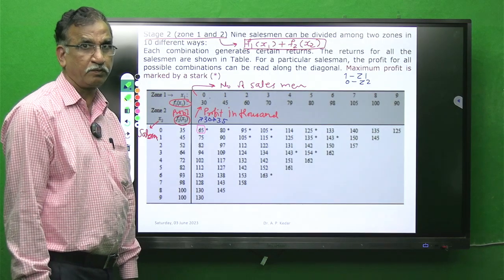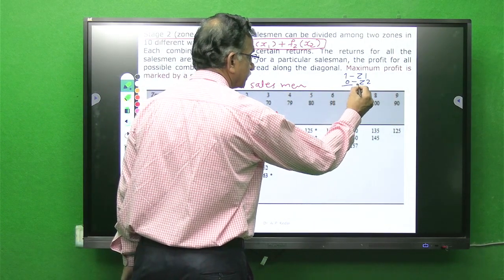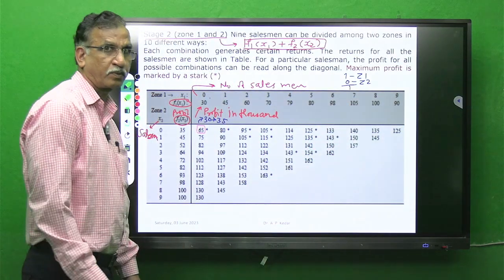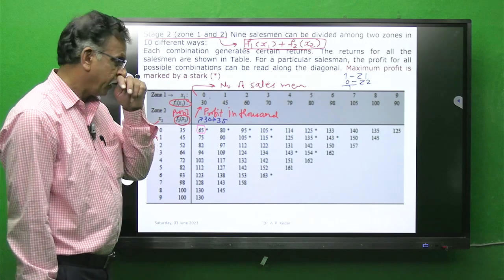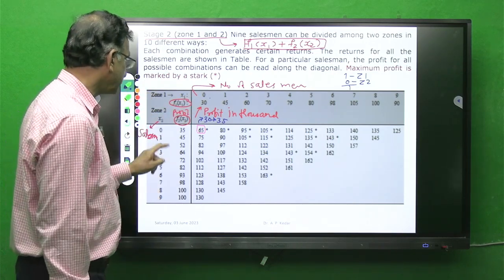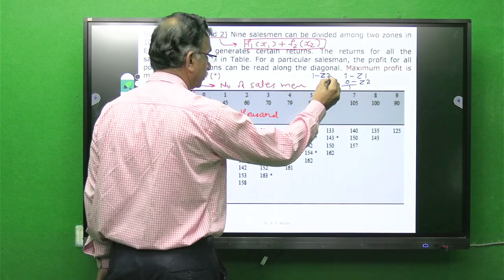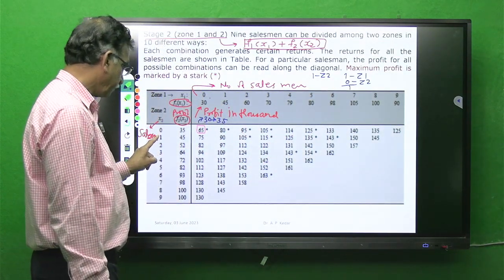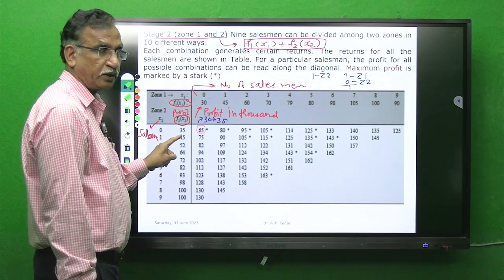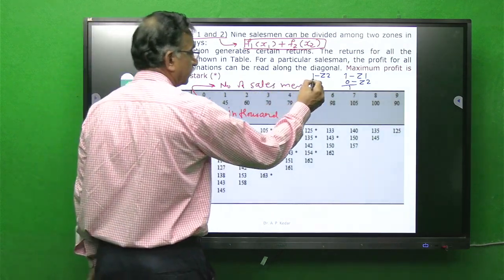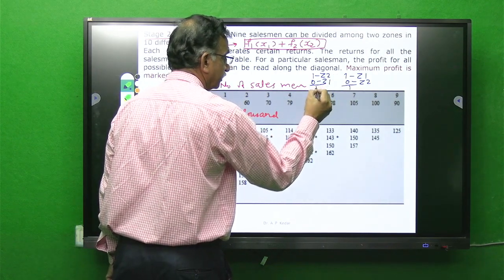So total number of salesmen is 1. One may think I will depute one salesman for zone 2, and 0 salesman for zone 1. Again the sum is 1.